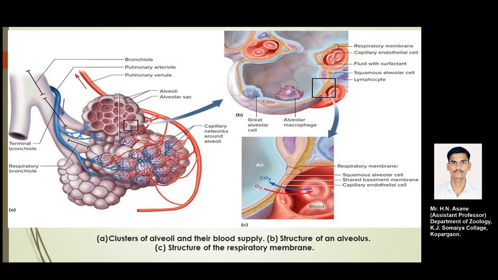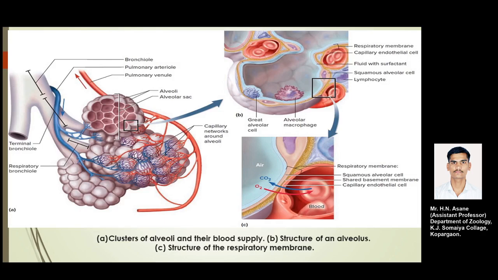When you respire air, this single alveolus fills with the air, and at the respiratory membrane the oxygen exchange happens, which is the actual site for the gas diffusion, the oxygen and carbon dioxide diffusion.